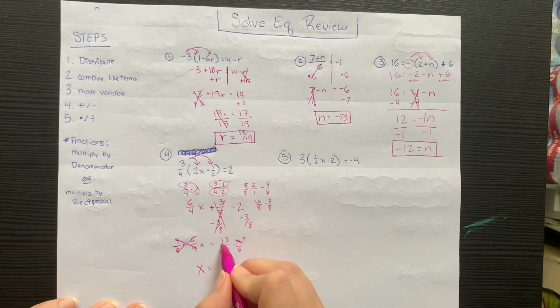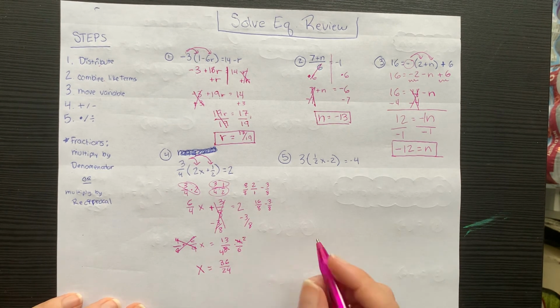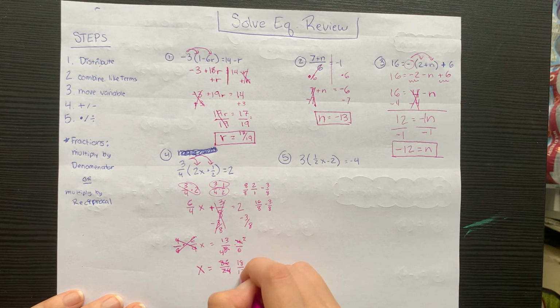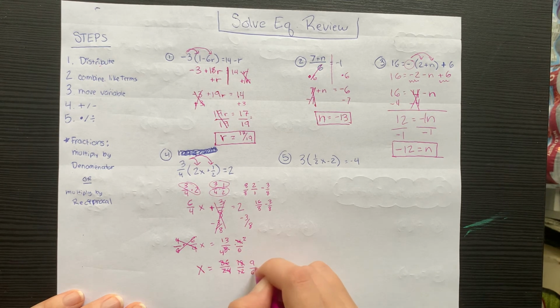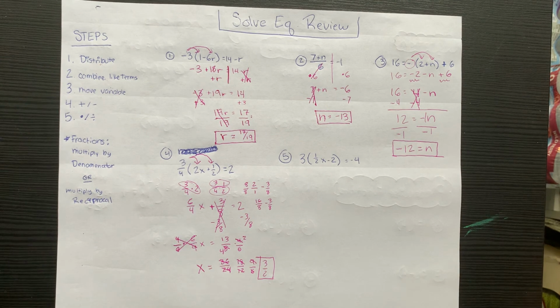Then when you do this, 13 times 2, that's 26. 4 times 6 is 24. These are both even numbers. It's a clue that tells me it's going to reduce some. We can start reducing that. Like this is 18 over 12, which is 9 over 6, which is 3 over 2. There you go. 3 over 2 is the answer to that one.